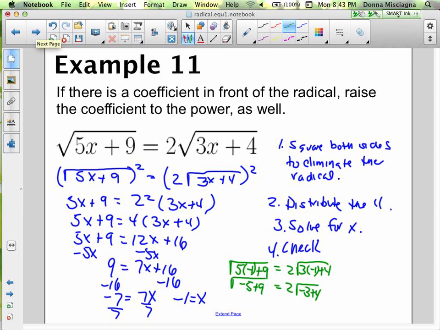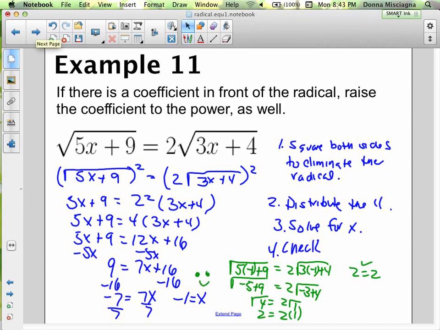So that's the square root of 4 equals 2 times the square root of 1. The square root of 4 is 2, and the square root of 1 is 1. And hey, this one checks out. 2 equals 2 is a good solution. It doesn't matter that x equals negative 1 is our answer. This is a good solution. Give it a happy face. Two for two on this portion of the lesson.